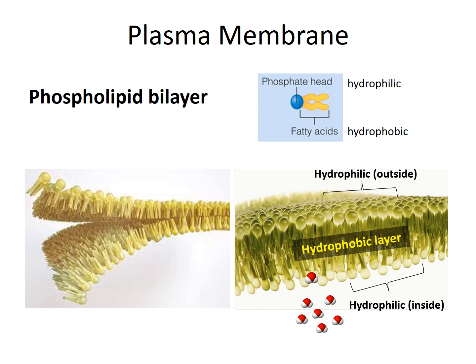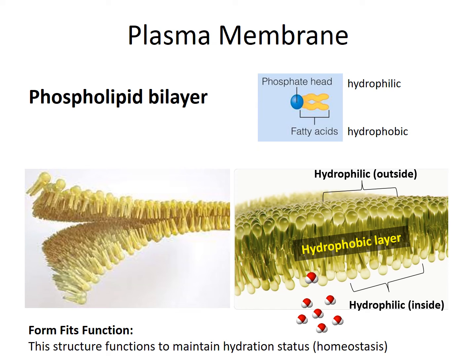It can pass through the plasma membrane, but at a slow pace that allows the cell to maintain its hydration status and stay alive. So this phospholipid bilayer has a chemical form that fits the structure of the plasma membrane. The structure functions to maintain the hydration status of the cell, or to maintain homeostasis.